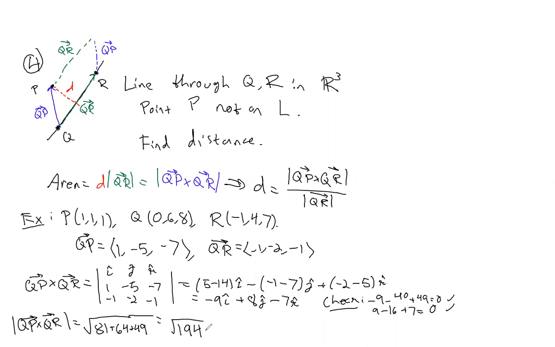And so furthermore, the magnitude of QR we know is going to be the square root of 1 plus 4 plus 1, or in other words, square root of 6.